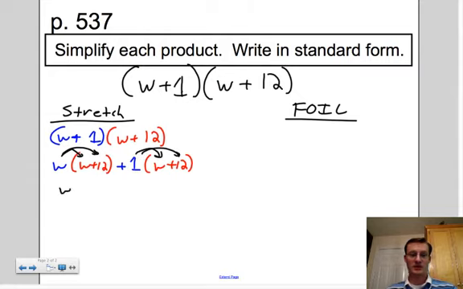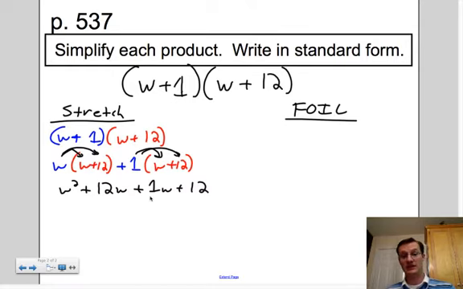W times w is w squared. W times 12 is 12w. 1 times w is 1w. 1 times 12 is 12. And so we just multiply straight across. Now we do have to put this in standard form. In standard form, we wouldn't have two of these linear terms.